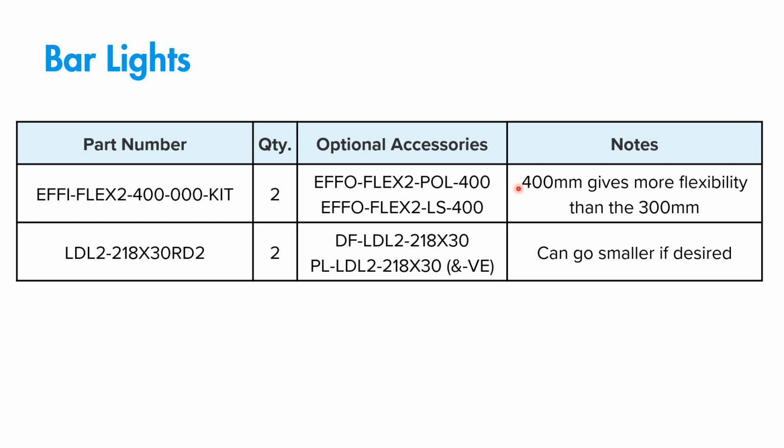Accessories that we recommend is getting the polarizer for this light and then also getting this line scan film. So what this line scan film does is it polarizes the light only in one direction. So you would set up the light to have the most narrow emitting angle that you can, and then you add that line scan film.